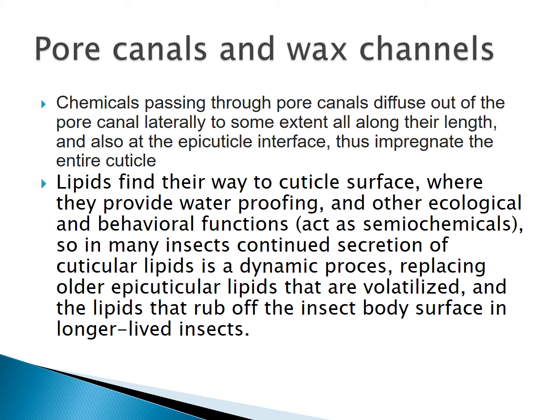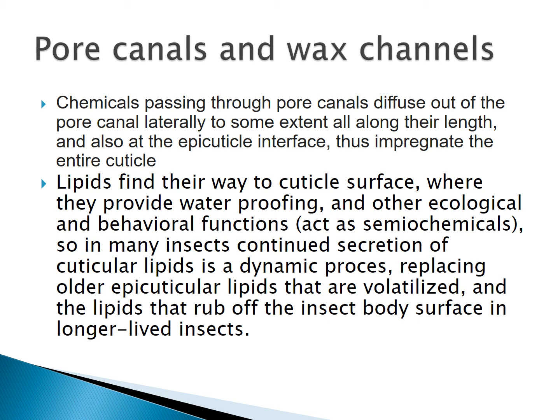Again, wax channels. The chemicals passing through pore canals diffuse out of the pore canal laterally to some extent all along their length, and also at the epicuticle interface, and thus impregnate the entire cuticle. As we discussed previously, the procuticle, which includes endocuticle and exocuticle, can be pigmented.